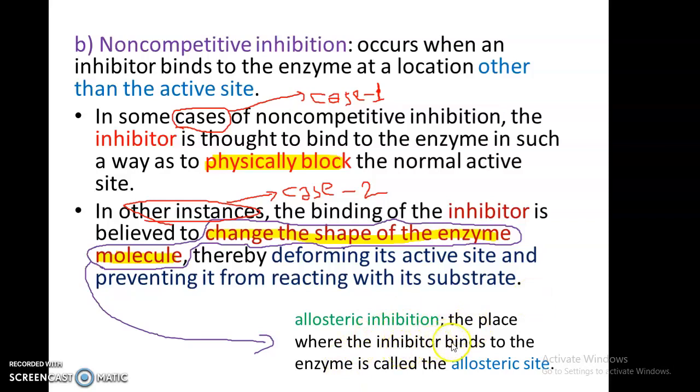The place where the inhibitor binds to the enzyme is called the allosteric site. The enzyme's mechanism, how enzymes react or make contact with substrates, is just physical. All things within the enzymes are physical things. This one is also physical, as it is also affecting the shape. Let's see these cases.